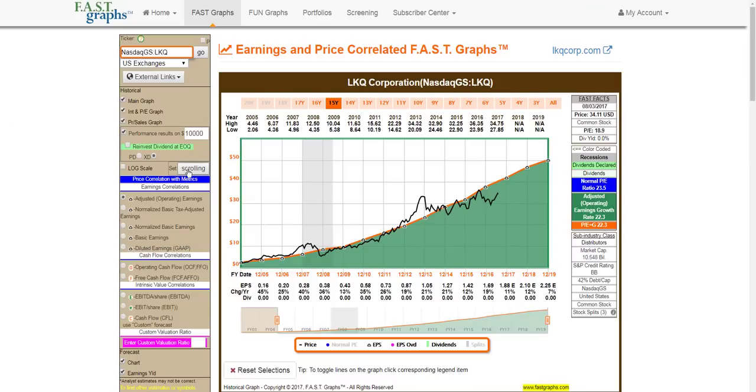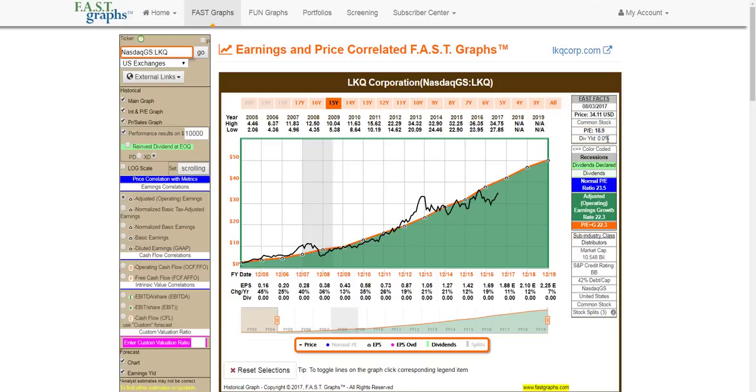With my next example, I'm going to look at fast-growing LKQ Corporation. Notice the consistency of the growth, earnings growth rate of 22.3%. Now what's interesting here, although it gets hard to see when the scale gets so small, the beginning PE ratio here was about 18.3. The current ending PE ratio is 18.9.